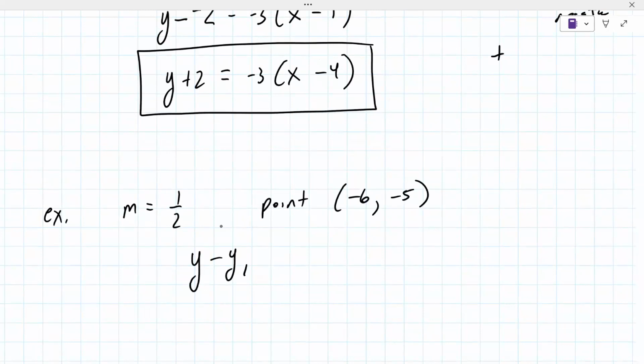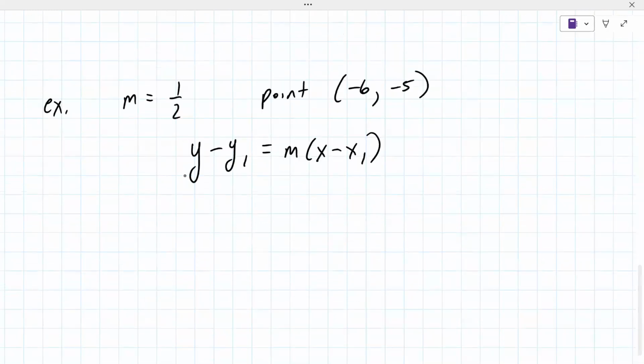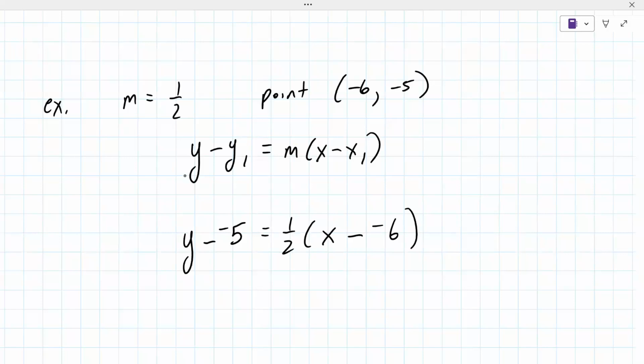Again, y minus y1 equals m times x minus x1. So you are expected to know the equations of the lines. You're expected to know how to substitute these values. And so it's y minus -5 equals 1/2 times x minus -6, like that.